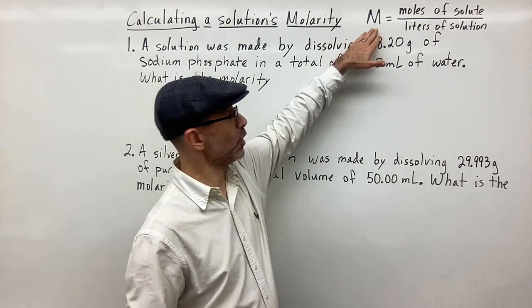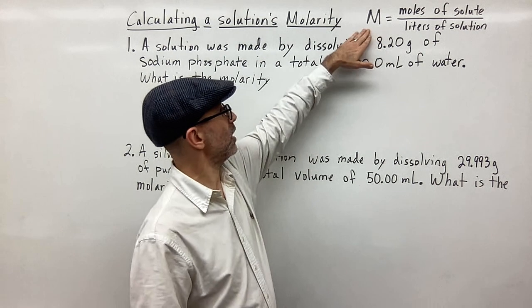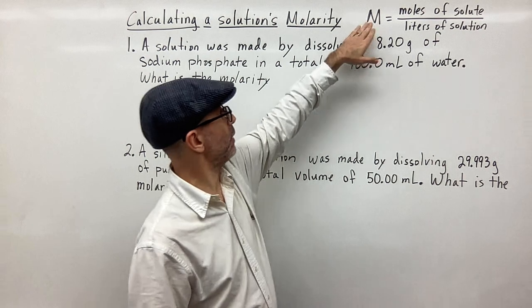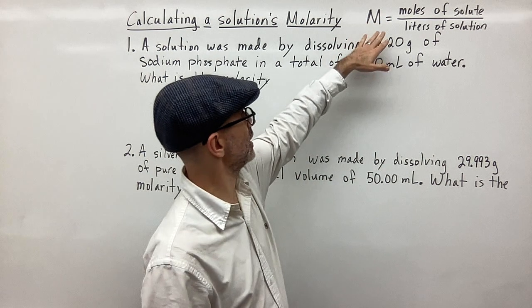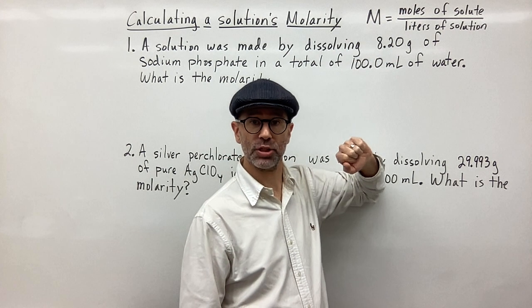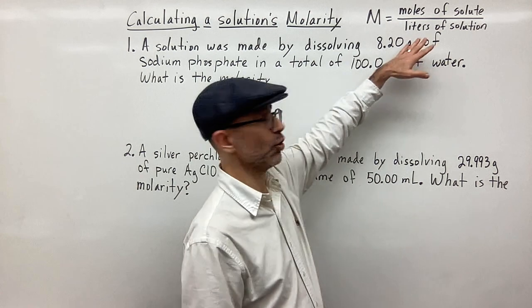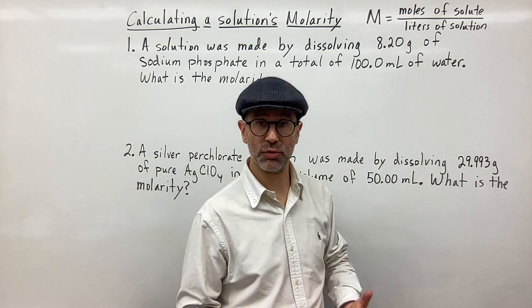First, it's represented by the capital M, and a lot of times that M might be italicized, but here I have capital M. So capital M is equal to the moles of the solute divided by liters of the solution. Now, solute, what is solute? Solute is whatever's being dissolved, right?